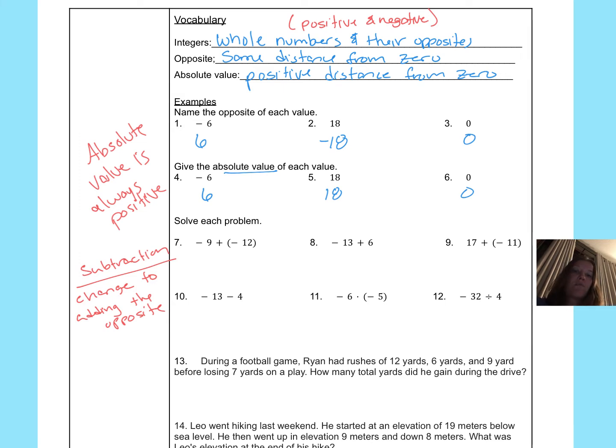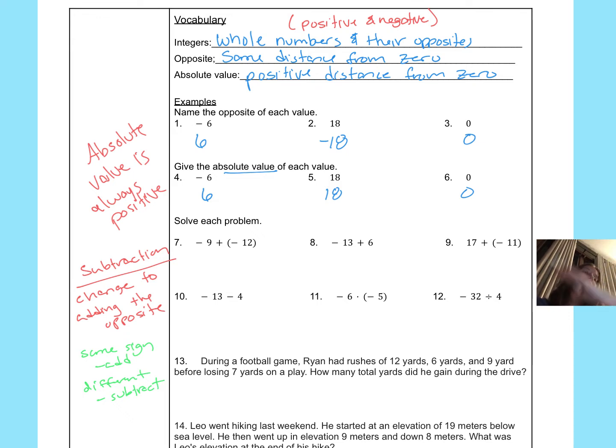Another note that I might want to add is that if they're the same sign, we add. If they're different signs, we subtract. All right, so then number 7, for example, negative 9 plus a negative 12.